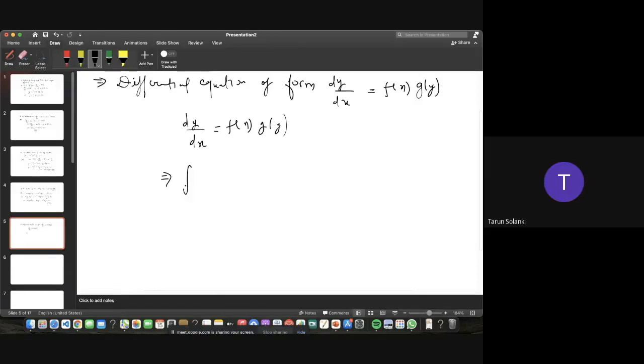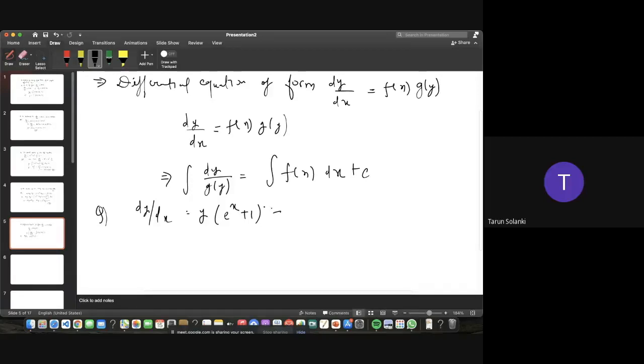So integrate dy by g(y) is equal to integrate f(x) dx plus constant. Let's solve this. The solution of the equation dy by dx is equal to y e to the power x plus 1.